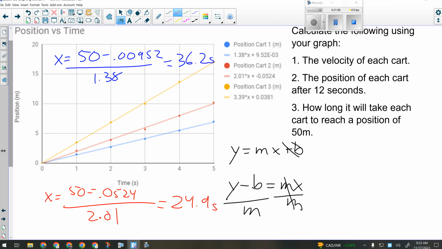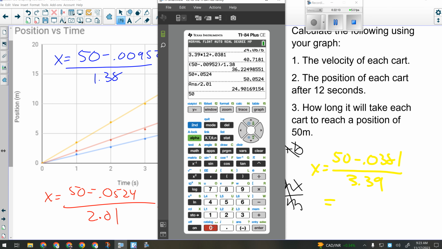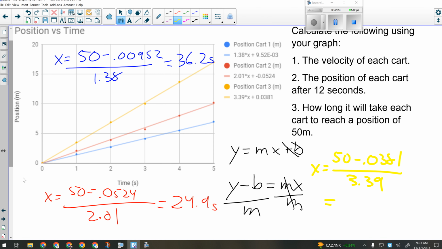Okay, and then for the yellow cart, x is going to be 50 minus 0.0381 divided by 3.39. This should be the smallest of the times we have calculated thus far because it is the fastest of the carts. All right, 14.7 seconds.